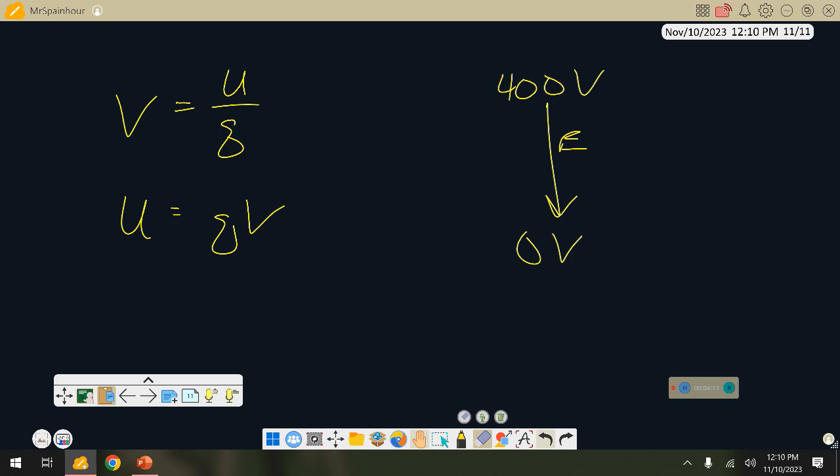And the reason it goes towards the 400 is once you talk about potential energy, for a single coulomb, that's 400 joules, 0 joules for a positive, negative 400 joules, 0 joules for a negative. Does that make sense-ish?